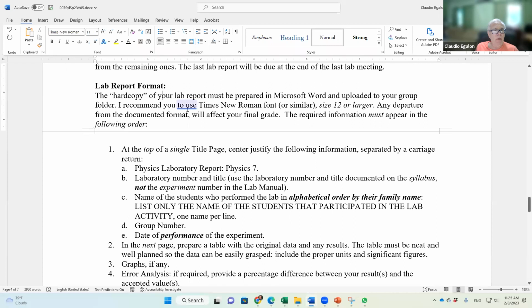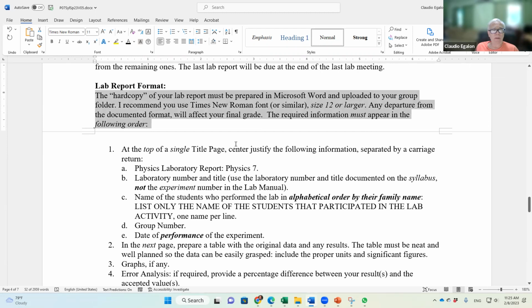I recommend you use Times New Roman font or similar, size 12 or larger, not smaller. Departure from the document format will affect your final grade.